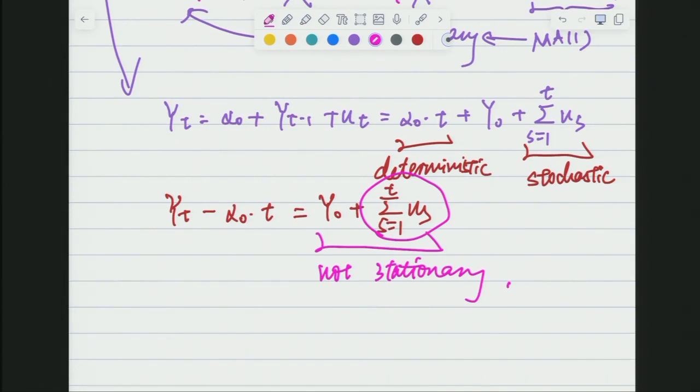Therefore, if a time series is difference stationary, the only way we can make it stationary is by differencing. In contrast, if a time series is trend stationary, which means it only has a deterministic trend, then we can achieve stationarity also through differencing. It's just that such a technique to remove the trend is not optimal, and we prefer directly subtracting the deterministic trend for something that is trend stationary.